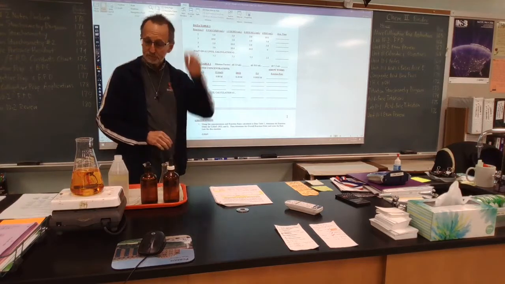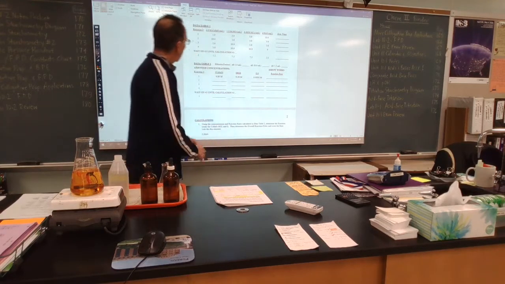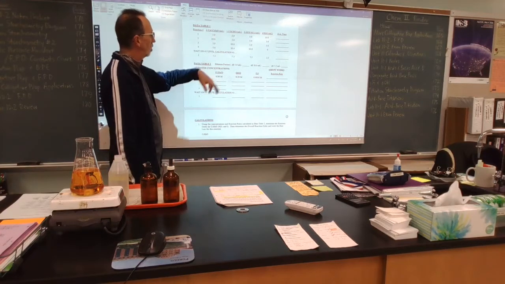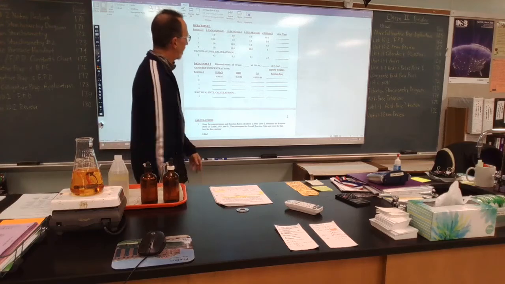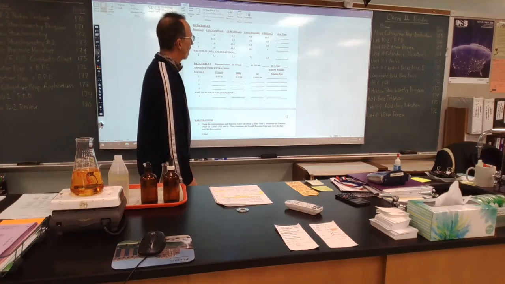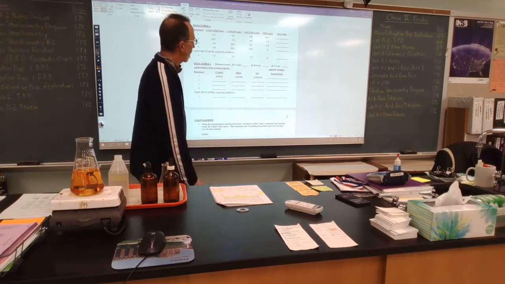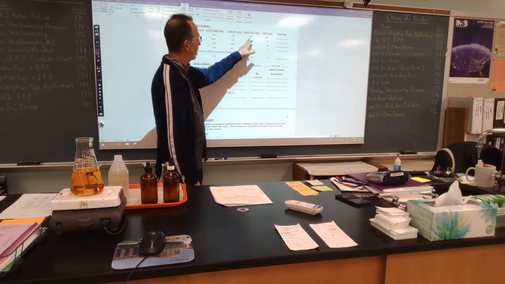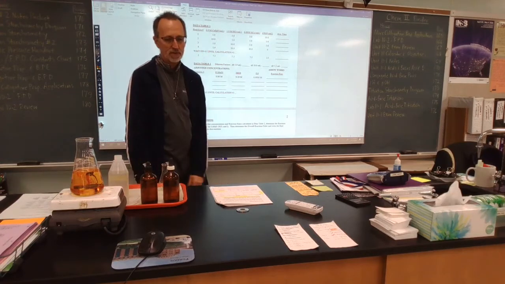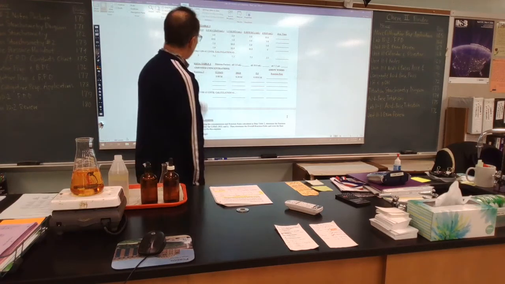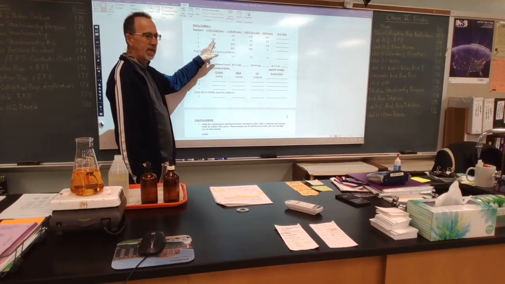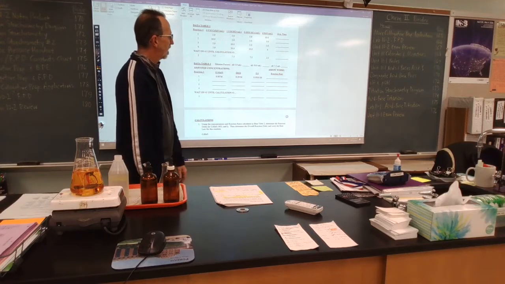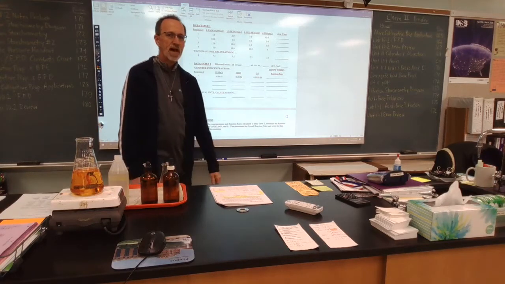Here's our procedure, and so in reaction 1, we're going to take 5 mLs of iodine solution, and to that we're going to add mLs of water. In the next reaction we're going to use 5 mL each of each reactant, and this time only 5 mLs of water.